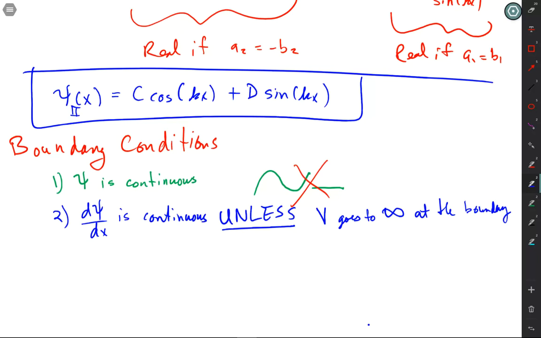It's not an infinite wall. It's a finite wall. So that makes a difference, finite versus infinite. And then it drops away as you go farther away. So a particle in the nucleus for radioactive decay calculations is treated like a particle in the box, except it's not an infinite boundary. So it doesn't have the unless part here.